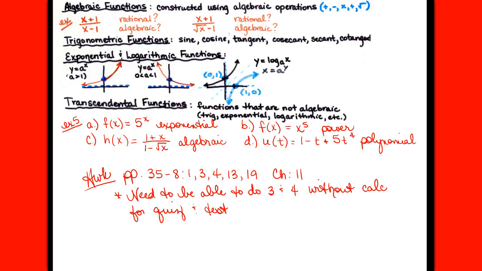You should not be using a graphing calculator to do that. We should be able to look at all of those graphs that are in numbers 3 and 4 and be able to give the equation for them or match them to their equation without a calculator. And you will be asked to do that on both the quiz and the test on this information.